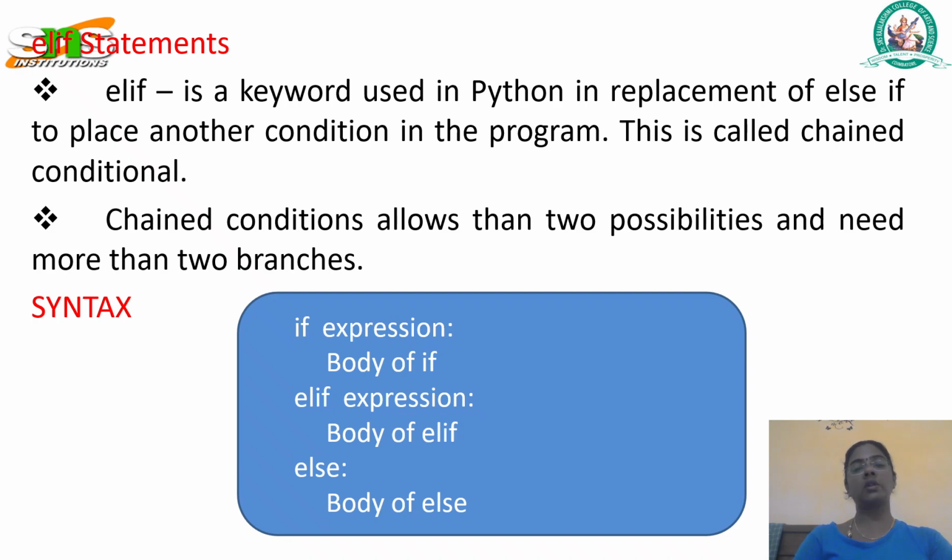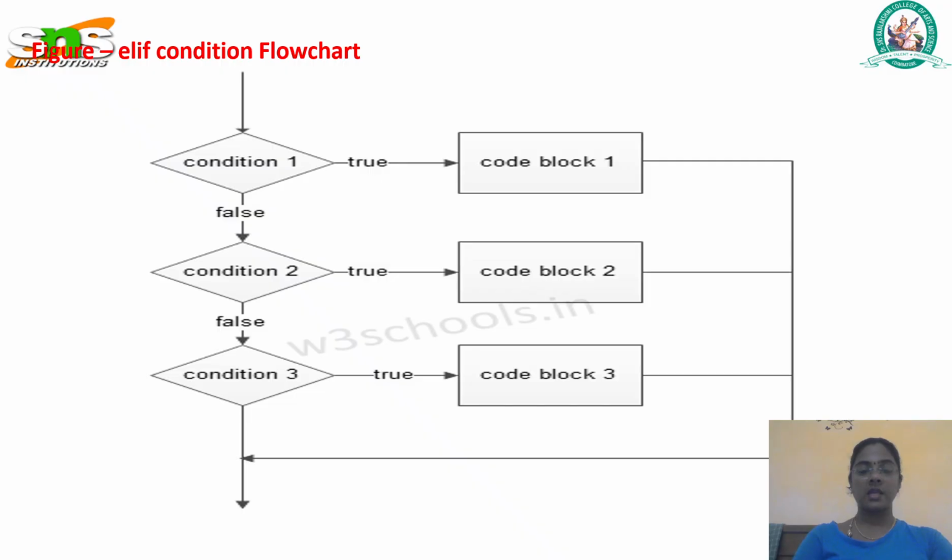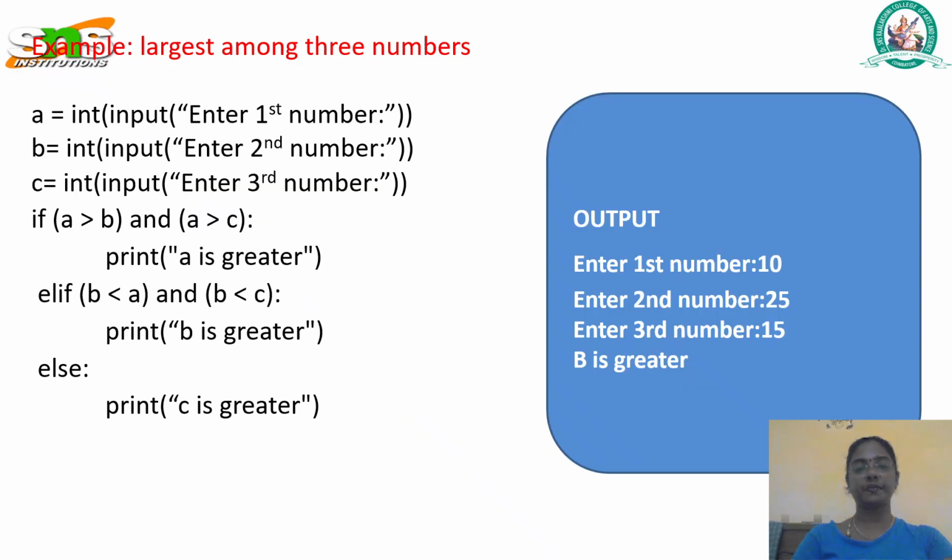If we have more than two possibilities, more than two choices, then we can go with else if. If the first condition is true, that block will be executed. If it is false, another possible block will be checked. If that condition is true or false, another condition follows, and likewise it goes on till n conditions. For this we can go with else if.